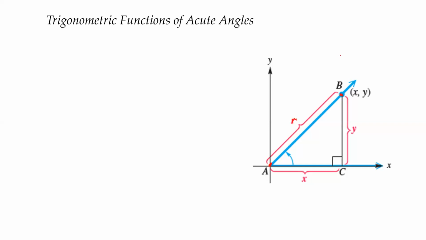And if we draw a line perpendicular to x that passes through point B, we create a right angle here represented by a box. We call that our y, right? And this is our x.